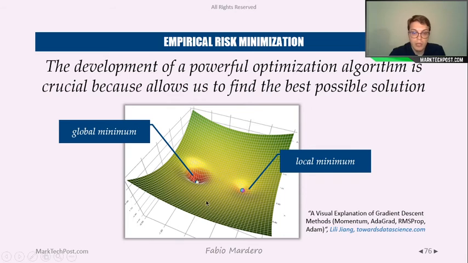For example, here these balls are attached to different optimization algorithms, and the algorithms that bring the balls to this local minimum are the worst algorithms possible. We want optimization algorithms that are able to find the global minimum of the loss surface.